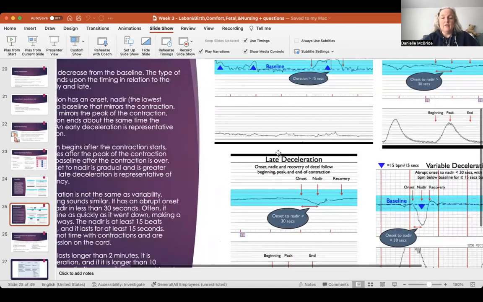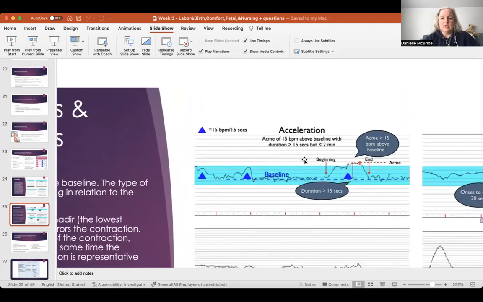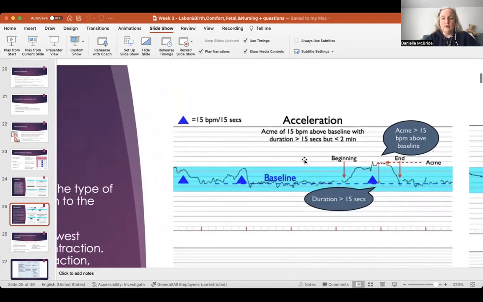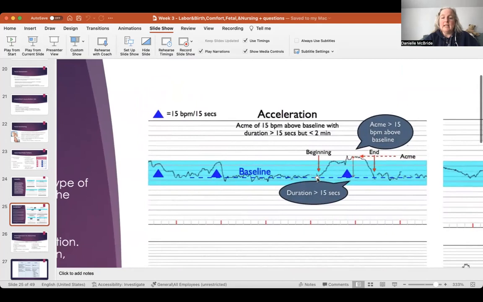If our baby's greater than 32 weeks gestation, then in order to meet criteria for an acceleration, it needs to increase at least 15 beats above the baseline and last for at least 15 seconds. If it's less than that, it doesn't count as an acceleration. I actually saw a provider document last week accelerations 10 by 10, and that doesn't count. Like, that's not reassuring.